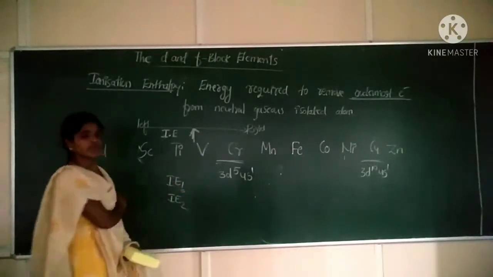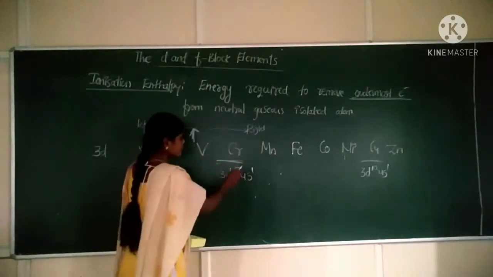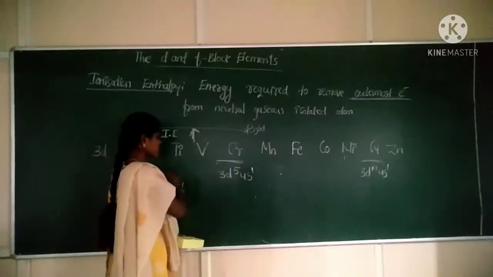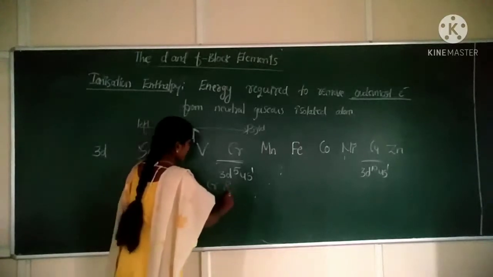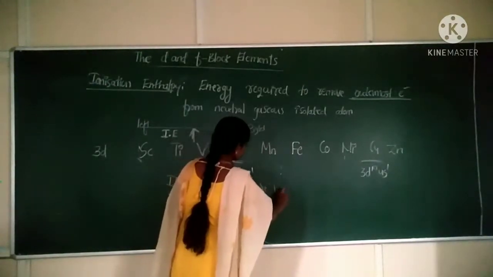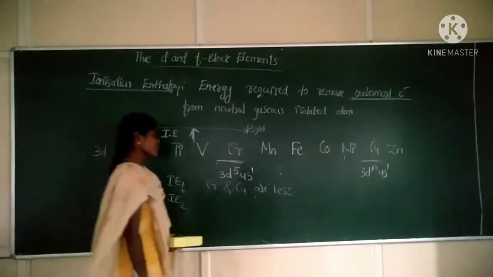Now we are talking about the first ionization enthalpy. The first ionization enthalpy of chromium and copper are less compared to their neighbors. Are you getting it? Why is it less?